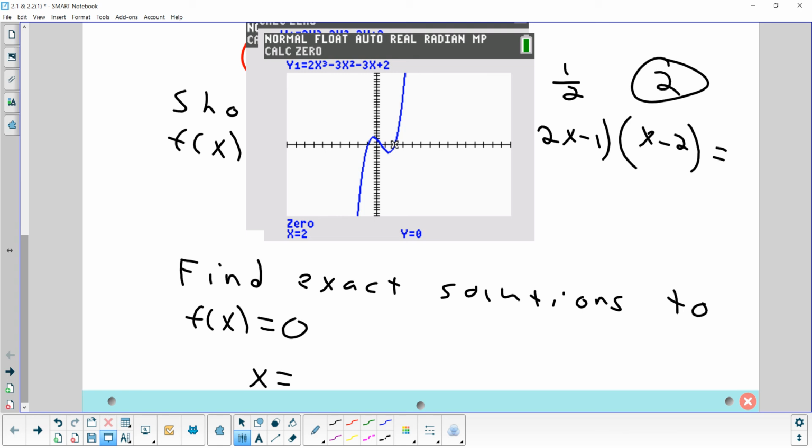It's just 3 numbers: -1, 1/2, and 2. If the direction said find the coordinates, then you would write -1, 0 in parentheses, 1/2, 0, and so on in parentheses. Okay, any questions on that?